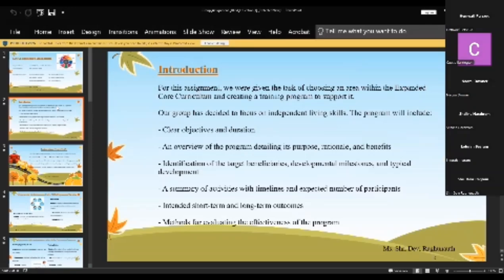The program will include clear objectives and duration, an overview of the program detailing its purpose, rationale, and benefits, identification of the target beneficiaries, developmental milestones, and typical development, a summary of activities with timelines and expected numbers of participants, intended short-term and long-term outcomes, and methods for evaluating the effectiveness of the program.